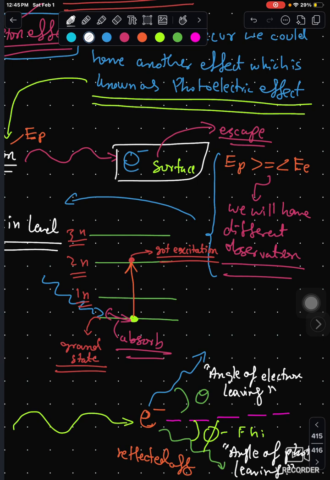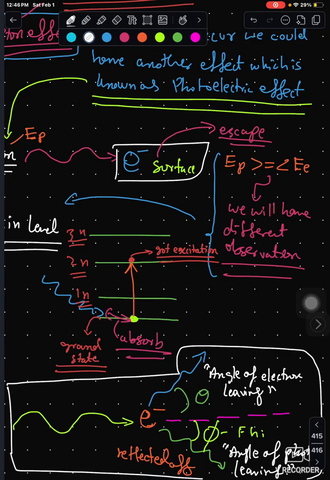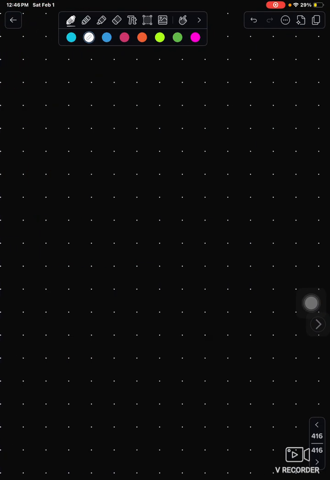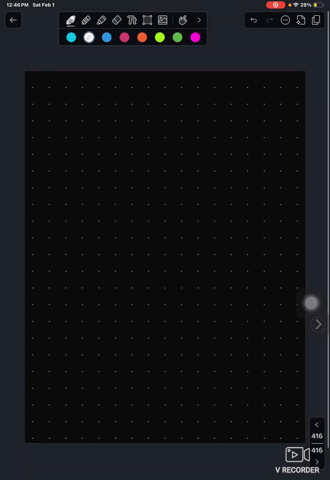Now what else we have here is that whatever is happening over here, we can actually calculate it. To calculate this, let me just copy that diagram.